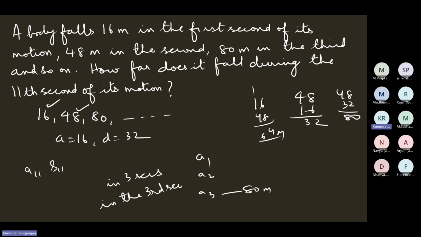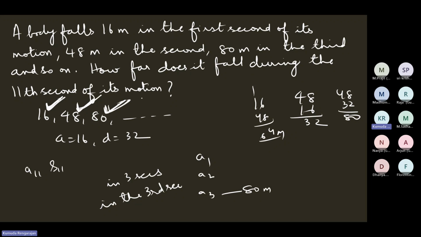This is during the first second or in the first second. This is in the second. This is in the third second. Both mean the same. 16 meters is the distance covered in the first second, 48 meters during the second, and 80 meters during the third second.